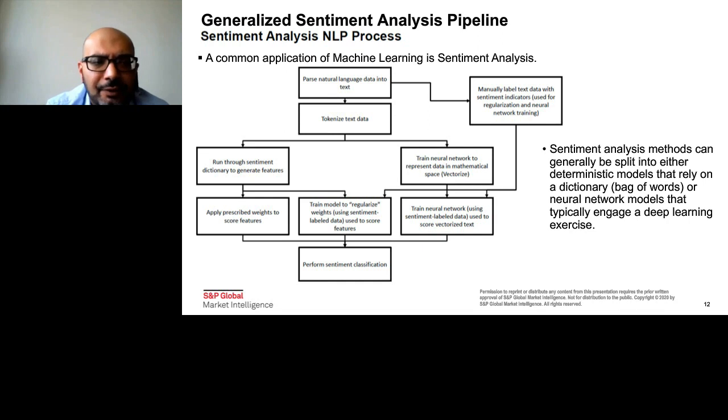Similar to before, this is a matrix that we've used to describe the trade-offs across the different NLP techniques, right? So especially in sentiment analysis, you've got a plain bag of words approach, dictionary-based approaches. They rely on deterministic aggregations.